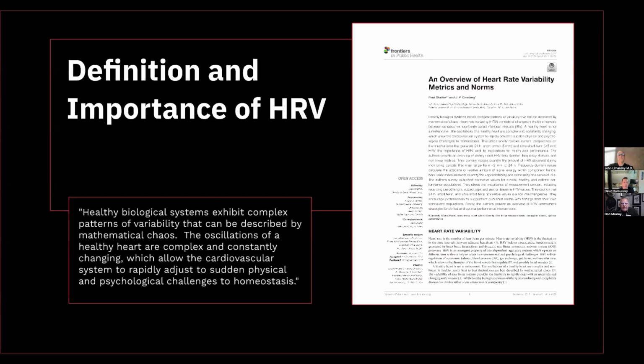In this paper, the authors stress the importance of measurement context, and I can't emphasize that more, including recording period length, subject age, gender, on baseline levels. They caution that 24-hour, short-term, and ultra short-term normative values are not interchangeable. This is a really important point. They encourage professionals to supplement published norms with findings of their own in specialized populations. So just a great paper.